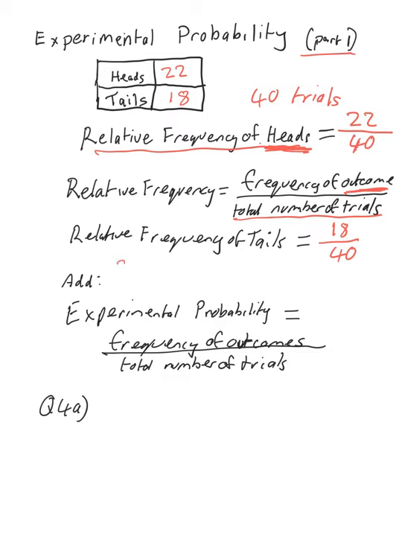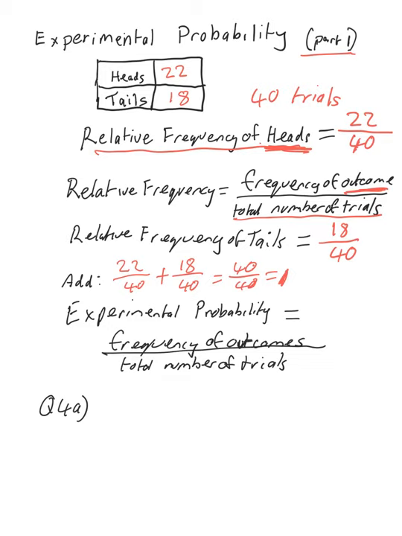So we get 22 out of 40 were heads, plus 18 out of 40 were tails, and that equals 40 out of 40, which equals 1. Now that will always happen if you add all the relative frequencies, all the outcomes of a particular trial, you'll always get 1, okay?